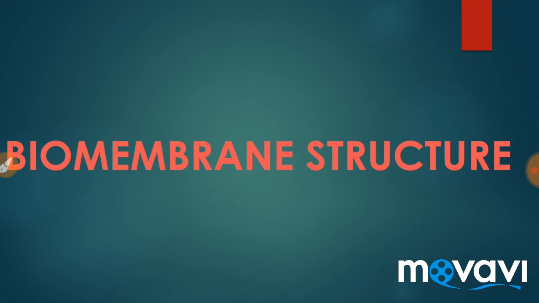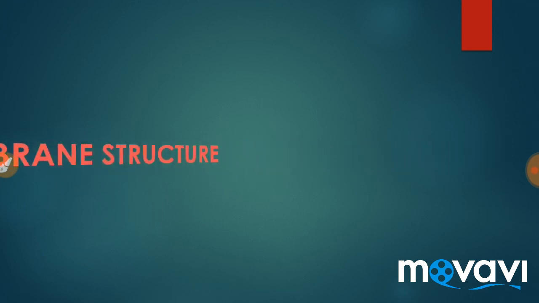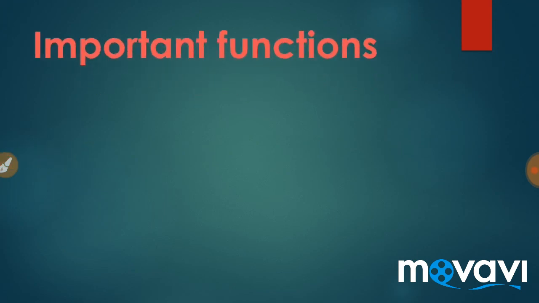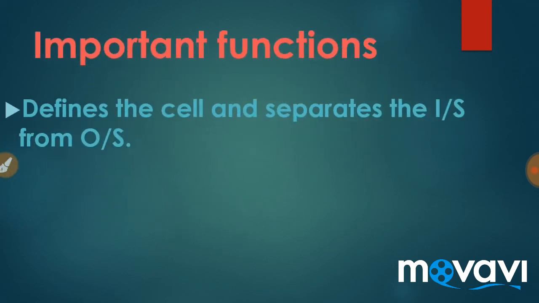And this plasma membrane serves some important functions. We discuss those functions first. The first function is that it defines the cell and separates the inside from the outside.